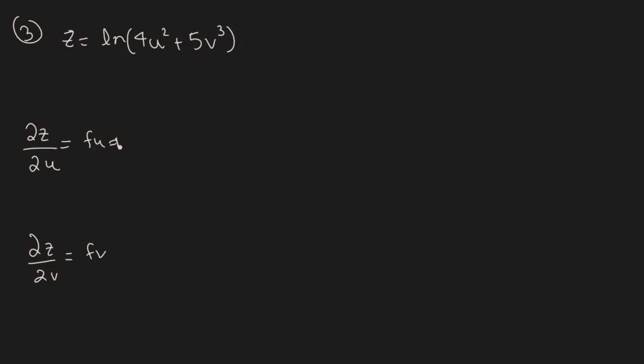Okay, so now let's find f sub u. When you're finding f sub u, remember you're treating v as a constant, right? So when you're differentiating with respect to one variable, you treat the other as a constant. Okay, so remember how you take the derivative of ln of 2x in Cal 1. There's a formula to do this.